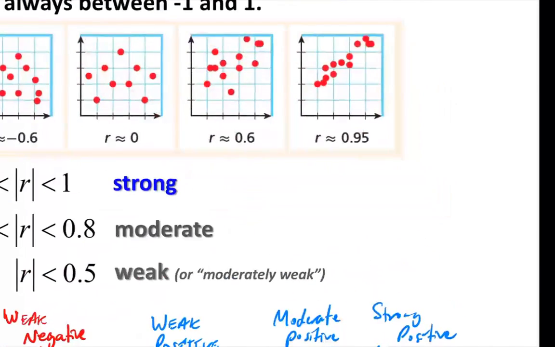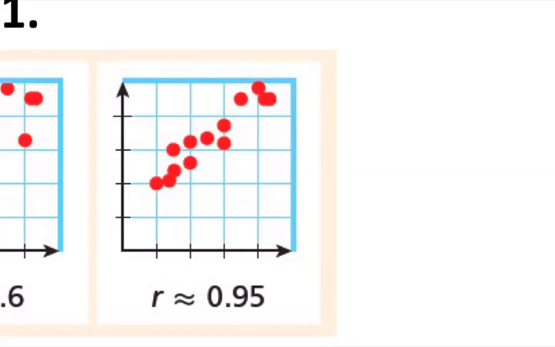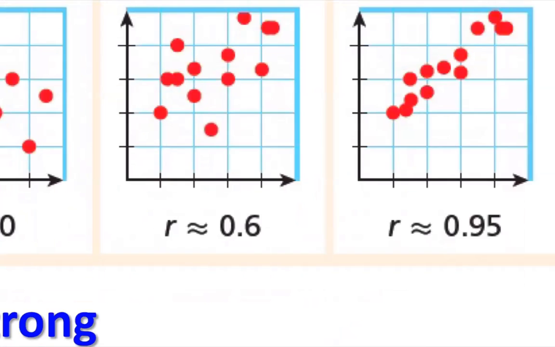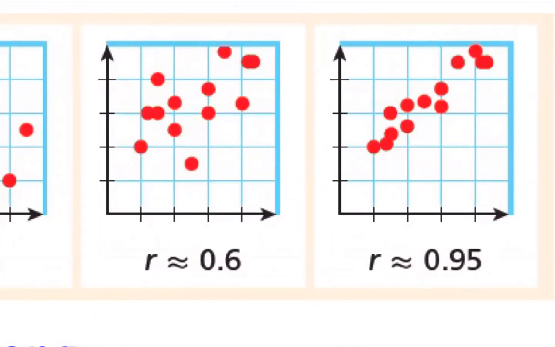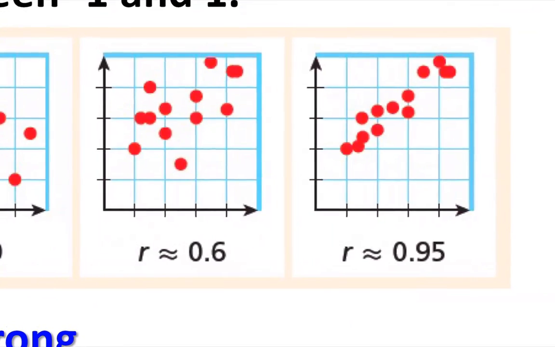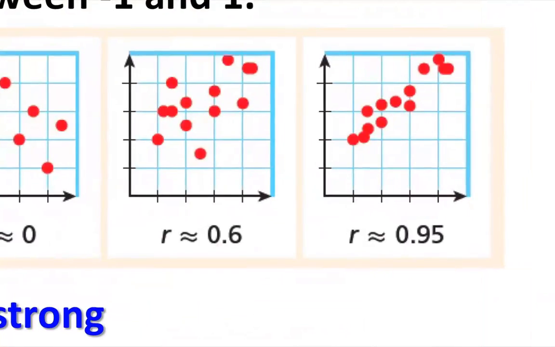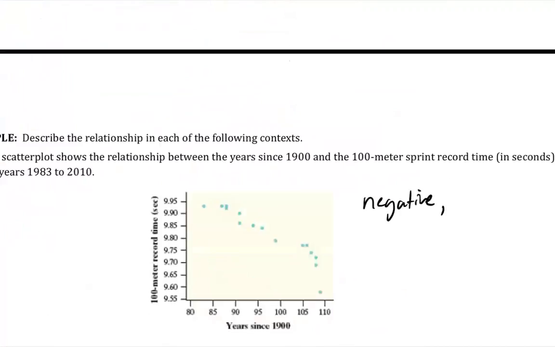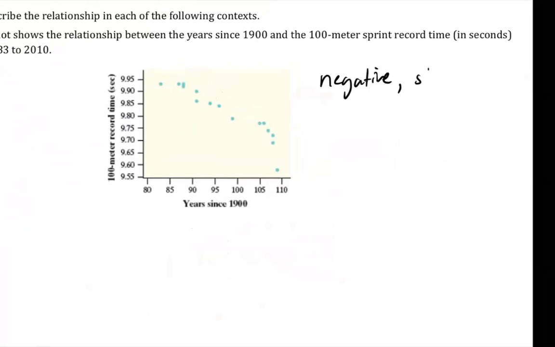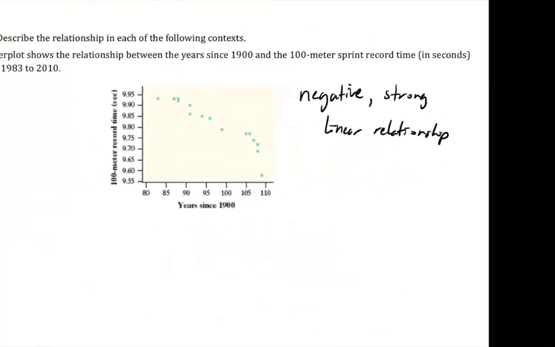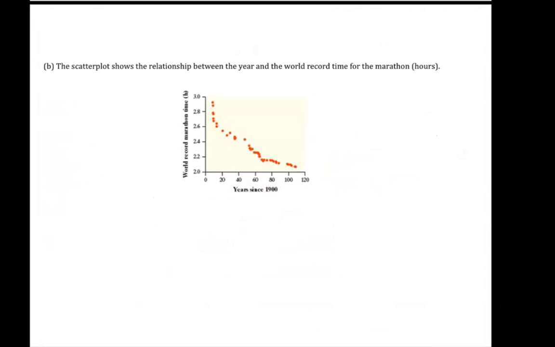This one is pretty strong, as compared to this one here. 0.8 and higher, so 0.8 is actually closer to this one than it is this one. So I would say strong linear relationship. Okay. Put that one there.